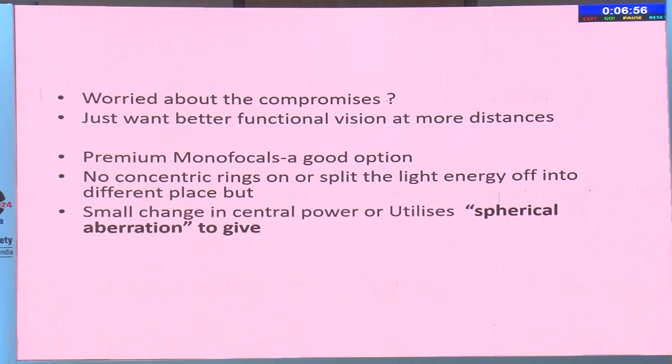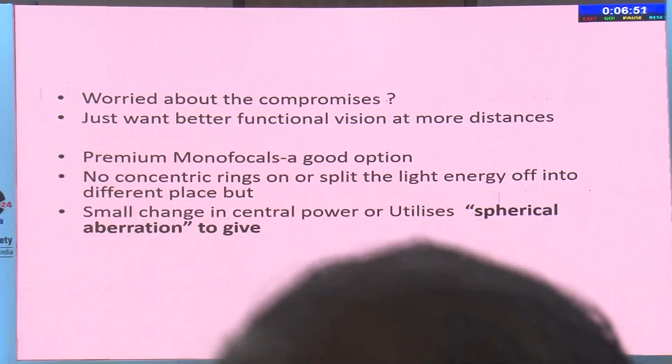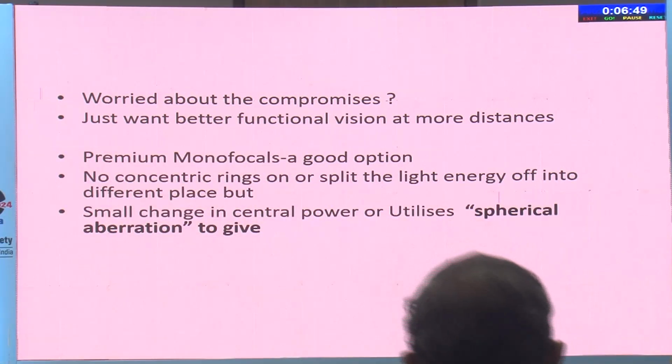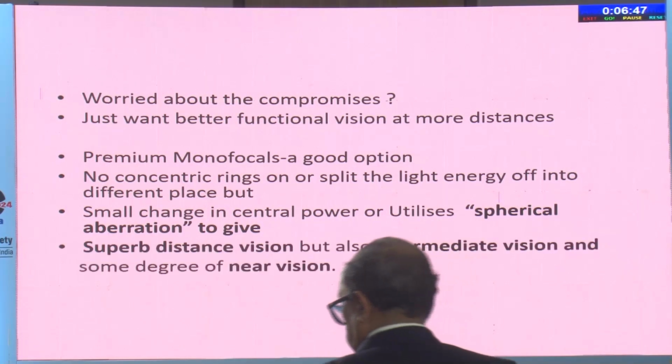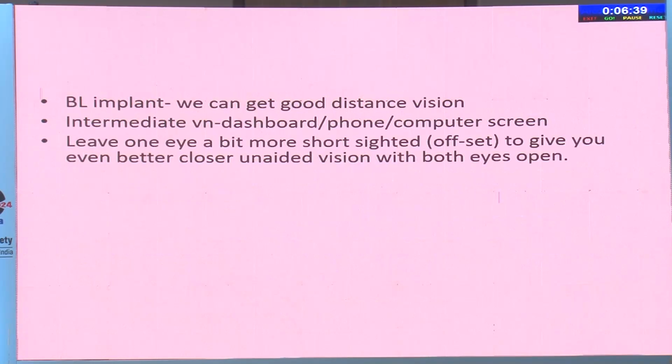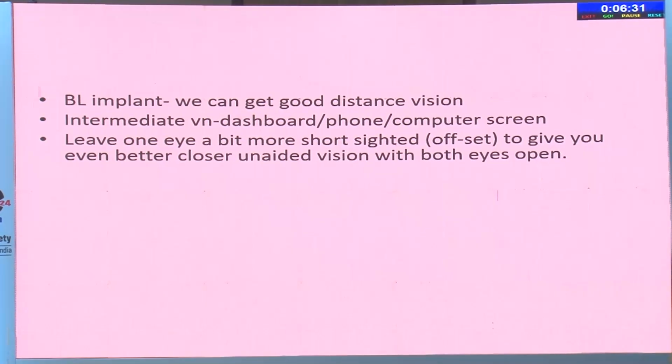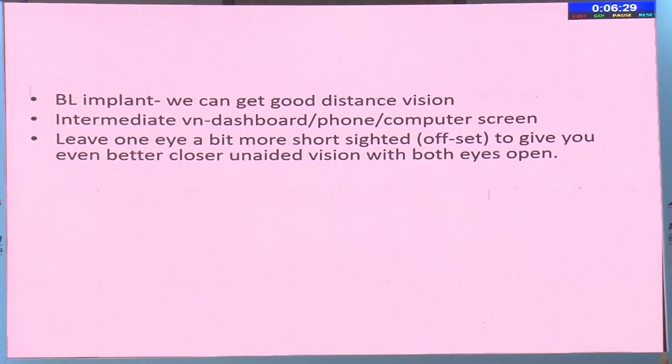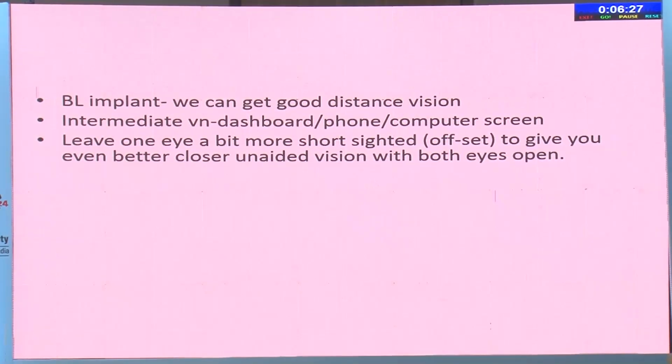Rather, this technology uses a slight change in the central power, or utilizes the spherical aberration of the lens to give superb distance vision, and also intermediate vision and some amount of near vision. If you implant these lenses bilaterally, they perform even better than simple monofocal lenses, and patients can do a lot of intermediate work with these lenses.